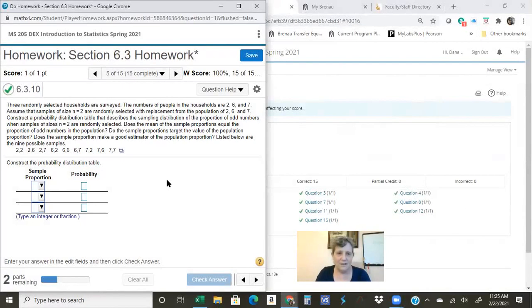This problem is dealing with a proportion. Now, a proportion has to be a proportion of something. You have to come up with a characteristic, basically a binomial characteristic. Either it is or it isn't. And so there's no way for StatCrunch to be able to predict what we're going to be looking at.